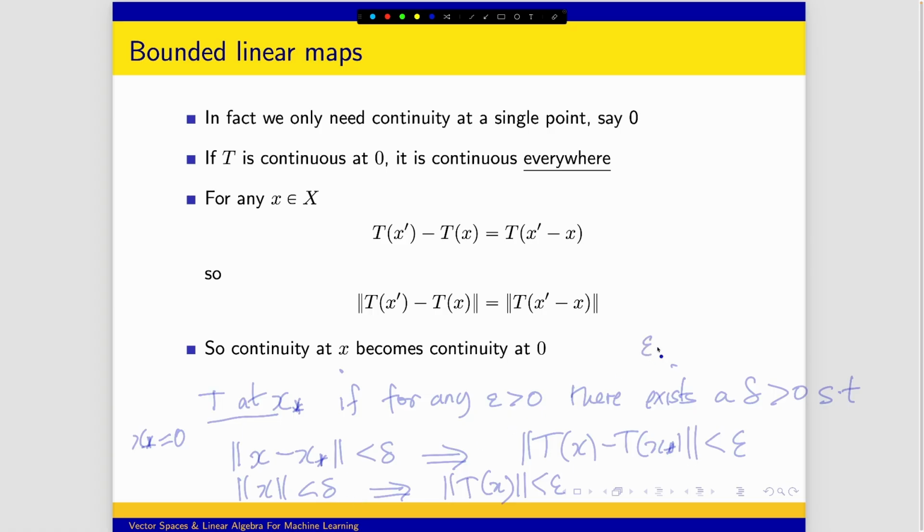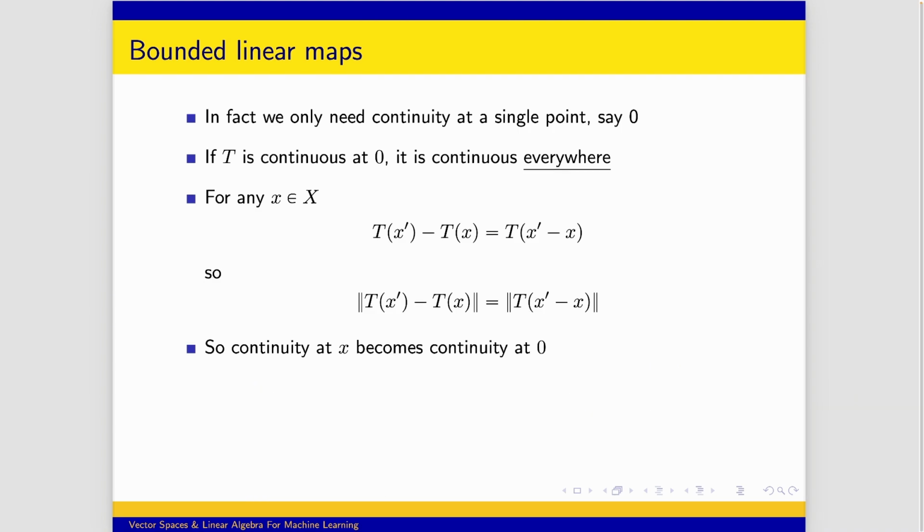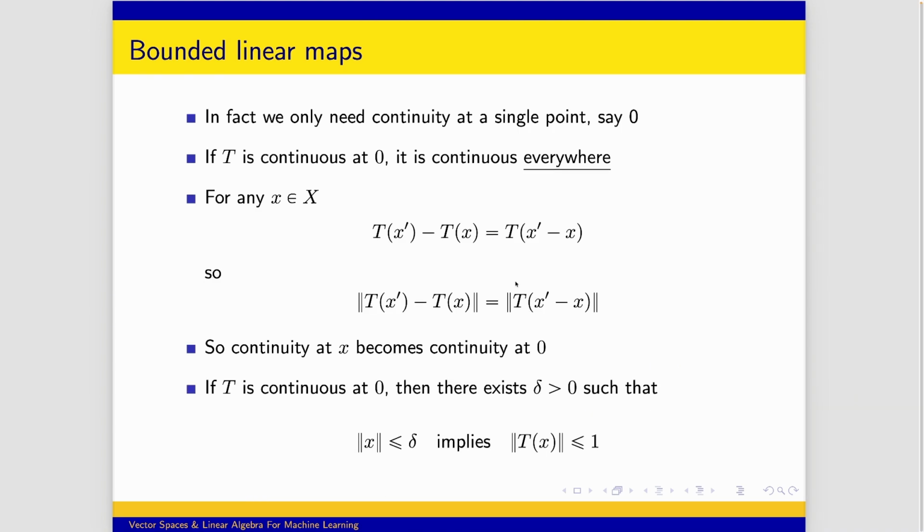Now, we can do this for any value of epsilon, as I said. So we can choose epsilon equals 1. So we would get this. We need this implying this. This has to be true if T is continuous at 0. So let me state that now cleanly. If T is continuous at 0, then there exists a delta greater than 0 such that the norm of x less than or equal to delta implies the norm of T(x) less than or equal to 1.